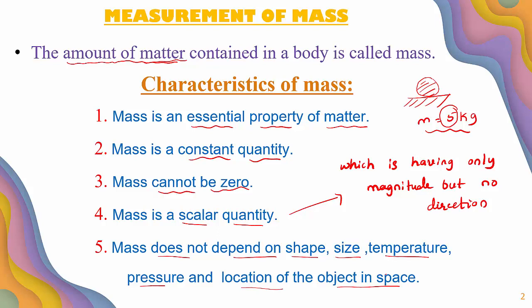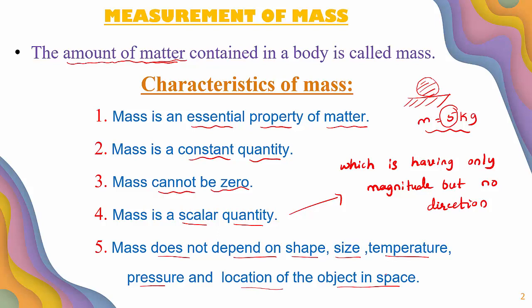So these are the 5 characteristics of mass. What is mass? The amount of matter contained in a body is called mass. The 5 characteristics of mass are: first, mass is an essential property of matter, because matter is anything that occupies space and has mass.